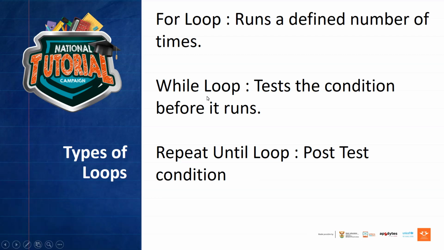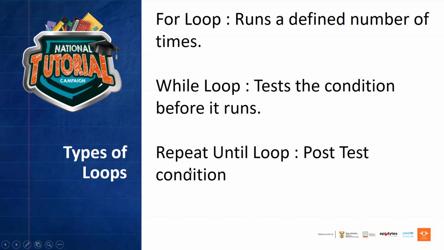While you are fine, you go to school. So you test before you go to school. You test before you start your day. That's a while loop. While it is true, a certain condition or statements are done. That's the second type of loop.